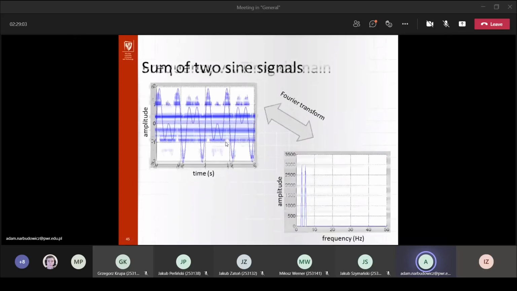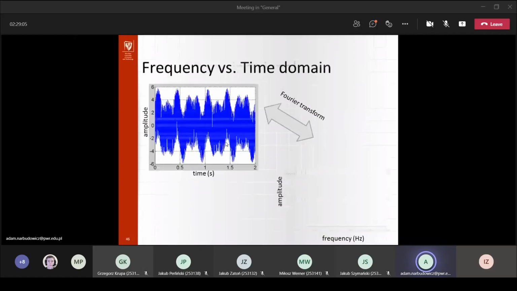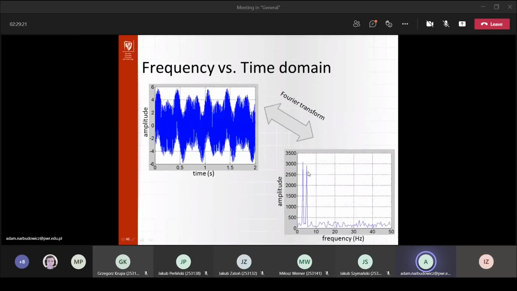However, if you add noise, over here it's much more difficult to see what the signal is all about. So you cannot really see the frequency by naked eye. However, if you do the Fourier transform, you still see the two dominant peaks, that's the two signals of your component. And here you can add the noise.